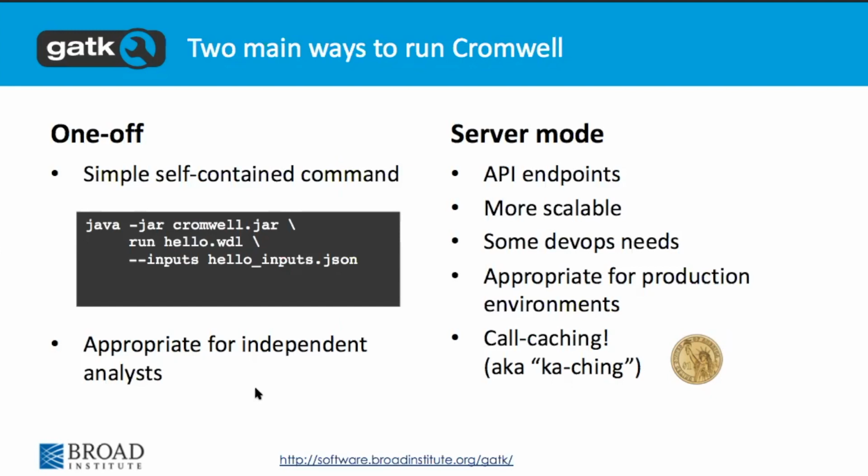And finally, you also have call caching, where you basically have a database set up with the results of your workflows, with the location of where your previous results of your executed workflow steps were.